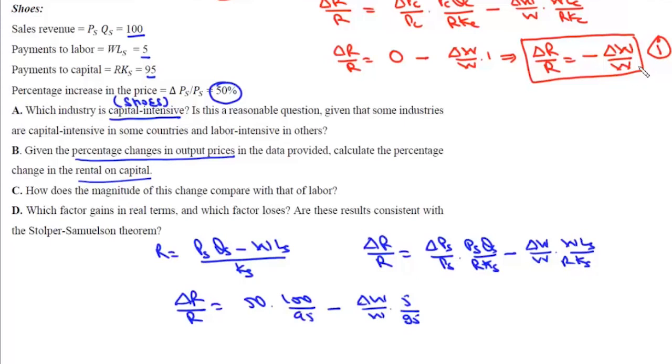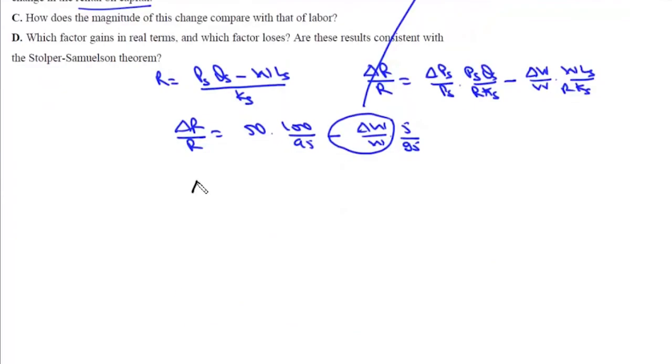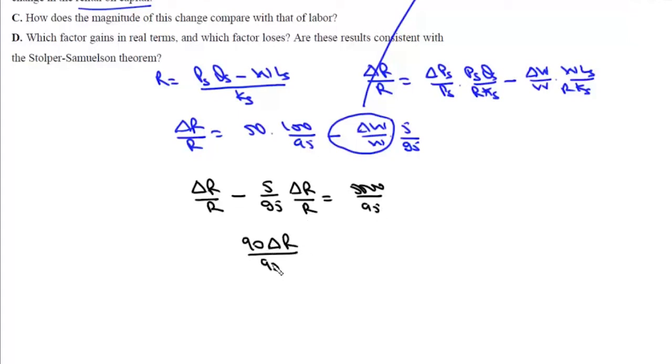Now we know that minus delta W upon W is delta R upon R. So we'll substitute the value of minus delta W upon W as delta R upon R. So it will be delta R upon R minus 5 by 95 delta R upon R, and there will be 5000 upon 95, or we can write 90 delta R upon 95 R will be equal to 5000 upon 95.